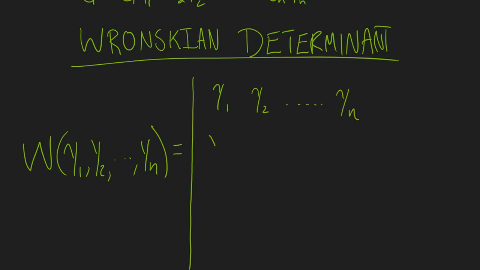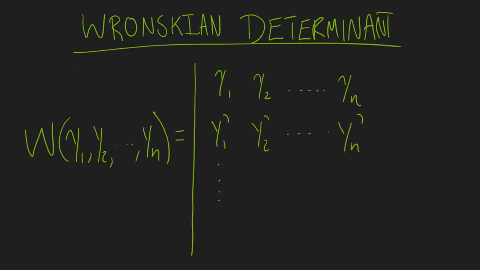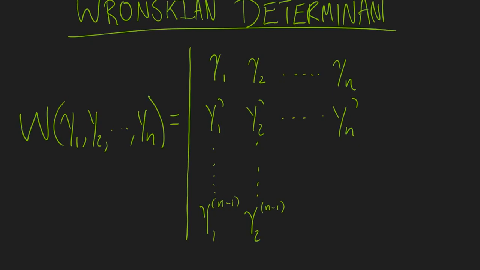Now in the second row, we're going to write the first derivatives of our solutions: y1 prime, y2 prime, on and on, all the way up to y sub n prime. And we'll go all the way down to the n minus 1th derivative, and likewise over here, we'll have the n minus 1th derivative.